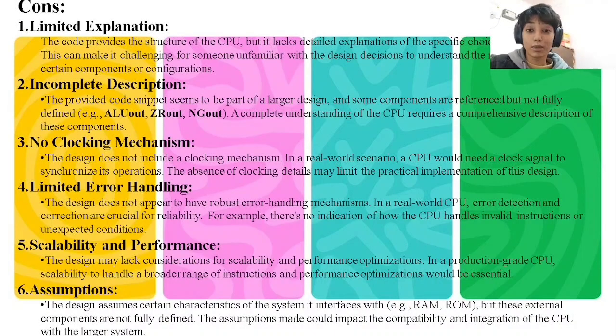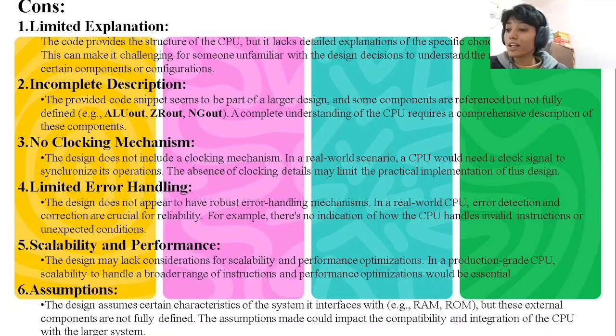No clock mechanism. In the real world, we actually need a clock mechanism. It doesn't deal with that. Limited error handling: the design does not appear to have a robust error handling mechanism. In the real world, error detection is highly important, as in how it actually deals with invalid instructions from the users.